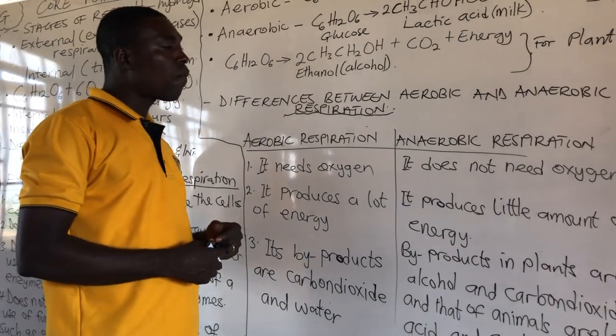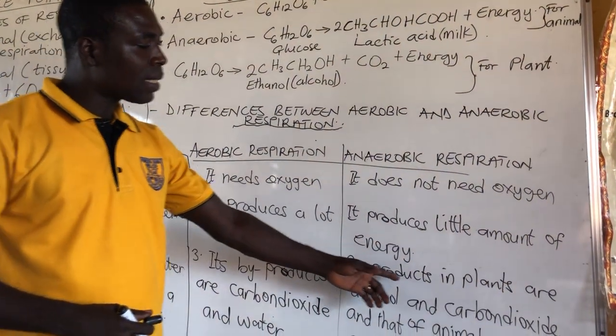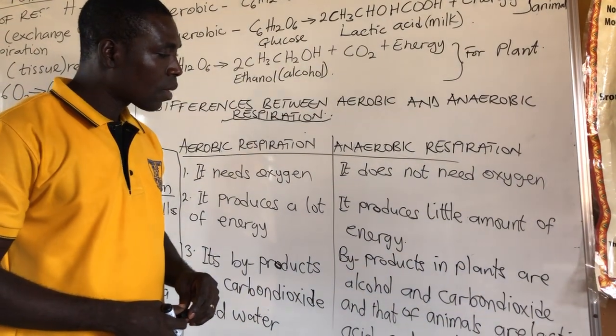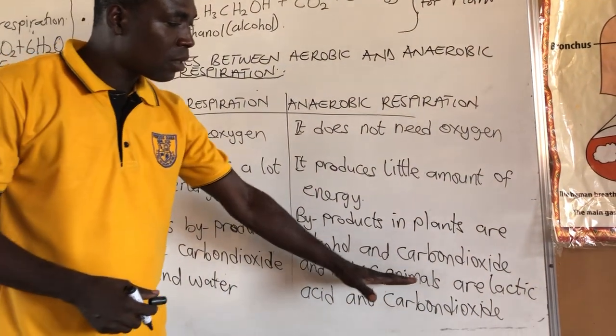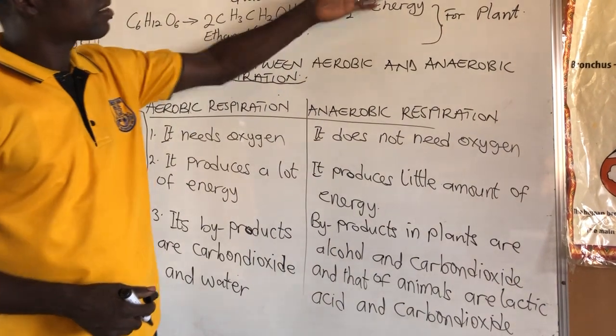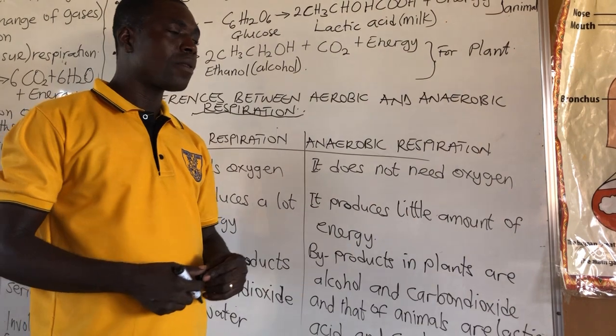Now for anaerobic respiration, the byproducts in plants are alcohol or ethanol and carbon dioxide, and in animals we have lactic acid, which is also known as milk, and carbon dioxide.